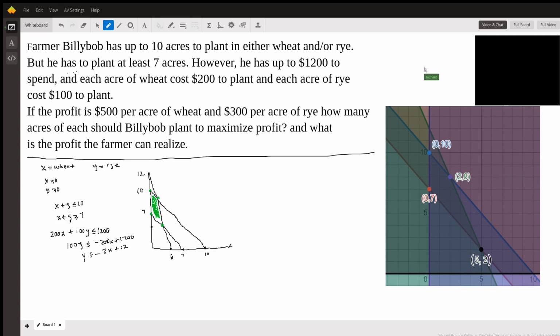There's a theorem in math that says the maximum or the minimum of any optimization is going to occur at the corners. So what you do is you just set up a table for yourself.